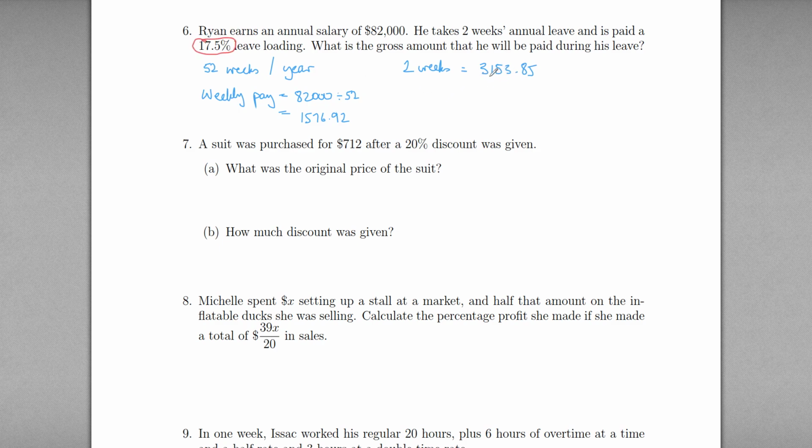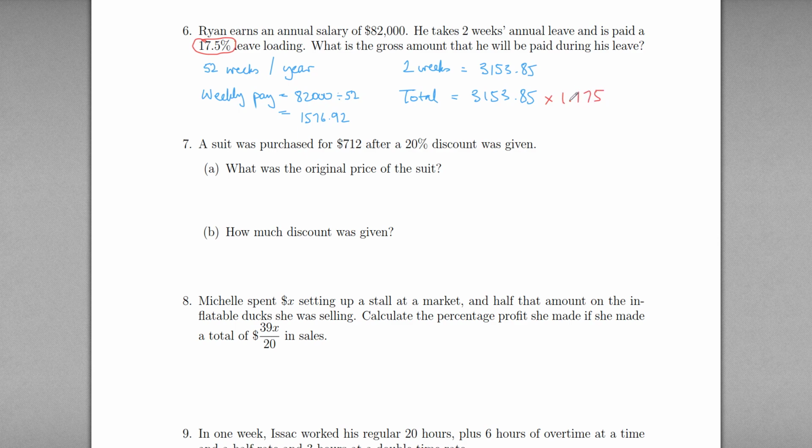So we need to increase this amount by 17.5%. Okay, so to increase by 17.5%, from what we just did in the previous few questions, we are going to multiply by not 17.5%, but by 1.175. Okay, so again, why the 1? Because we're increasing that 100% by something, and we're increasing by 17.5%.